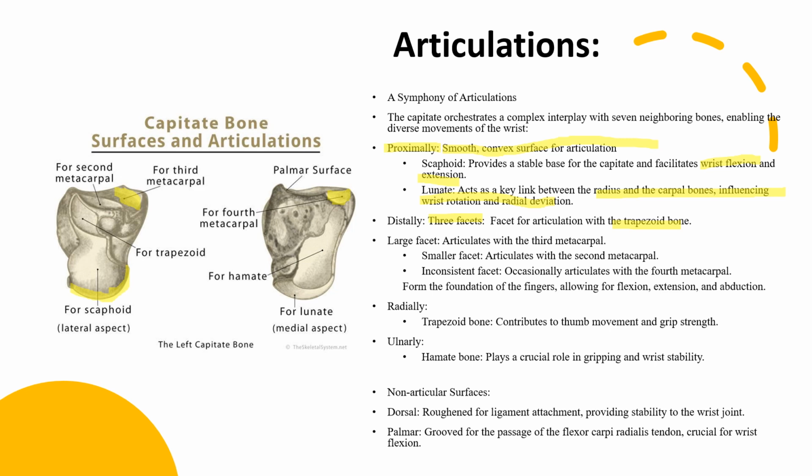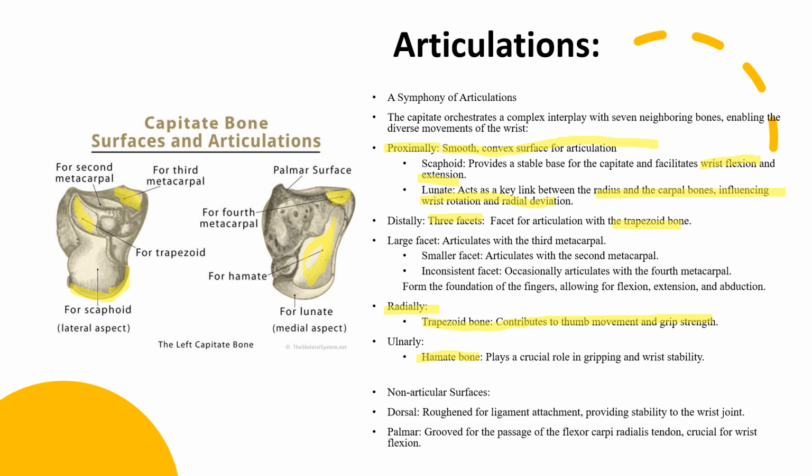When we talk about the radial side, we see that there is a facet for the trapezoid bone, which contributes to thumb movement and grip strength. On its ulnar side, we see the articulation with the hamate: a slightly concave surface which provides the articulation for the hamate bone.